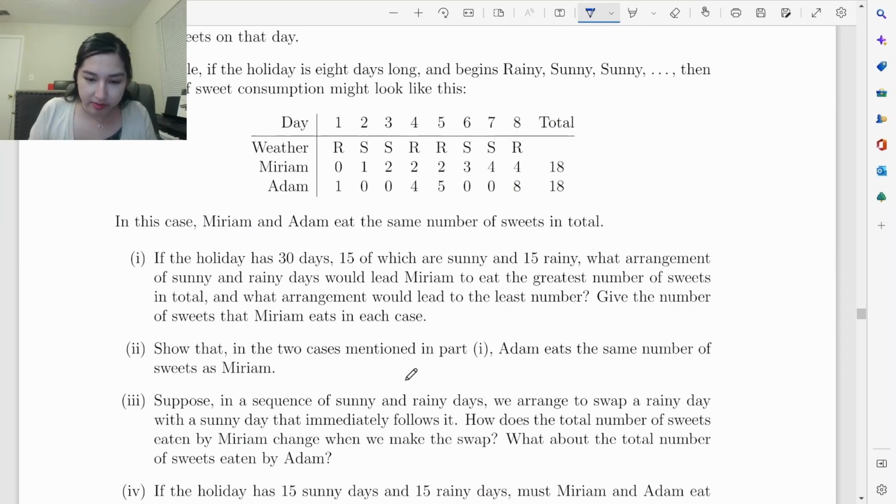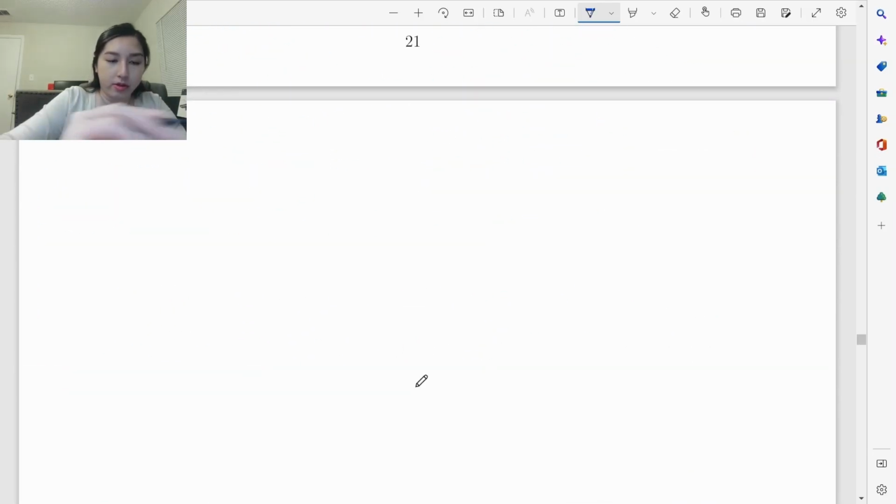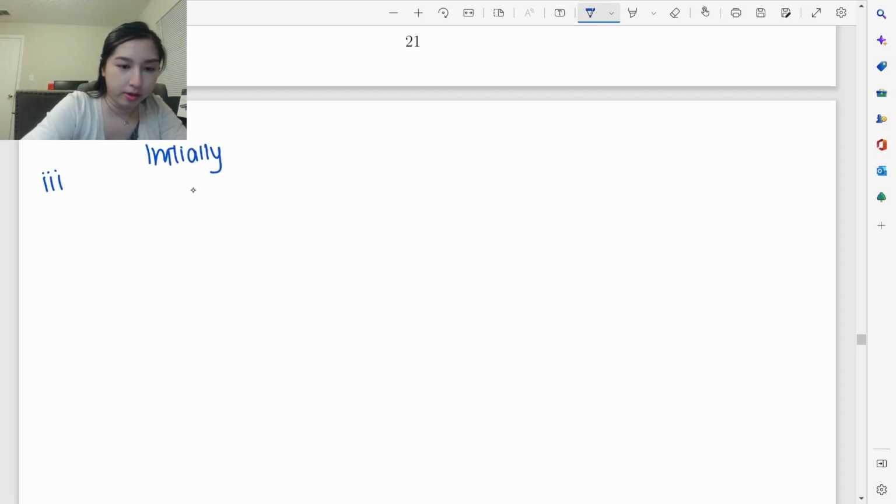Okay, and what is the next bit? Suppose in a sequence of sunny and rainy days, we agree to swap a rainy day with a sunny day that immediately follows it. How does the total number of sweets eaten by Miriam change? How do the sweets eaten by Adam change? Alright, so part 3. Initially, if it was rainy and sunny, then we have Miriam and Adam.